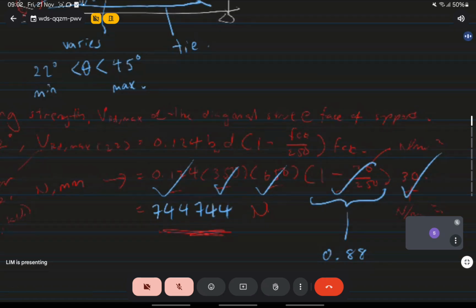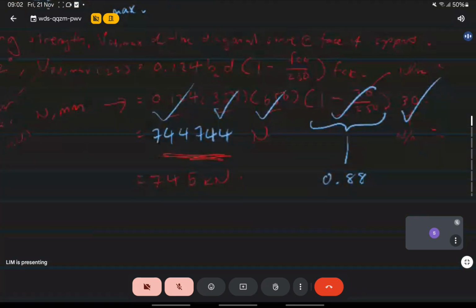Now, obviously, this is Newton, because the FCK is in Newton per millimeter square. So if you convert to kilonewton, then it's 745, we round. Okay, 745. Now, is it bigger or smaller than VEF?